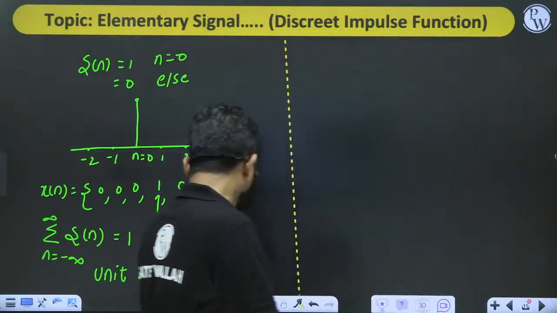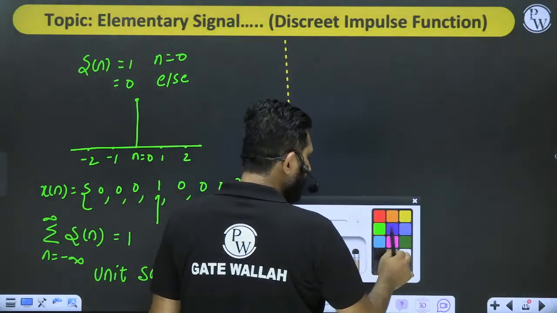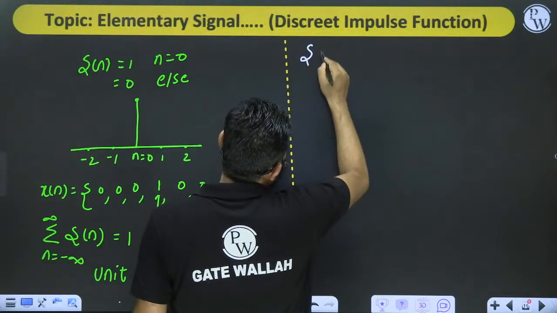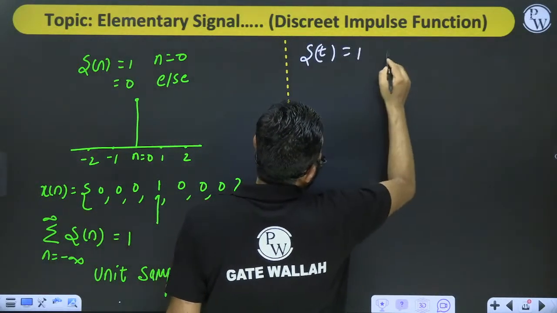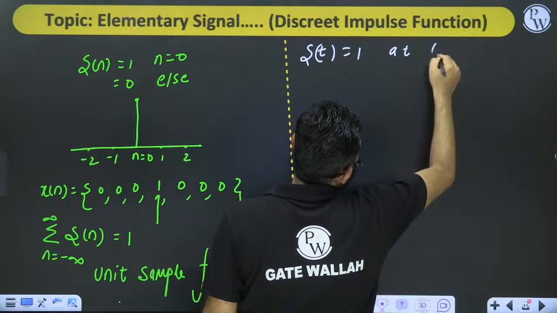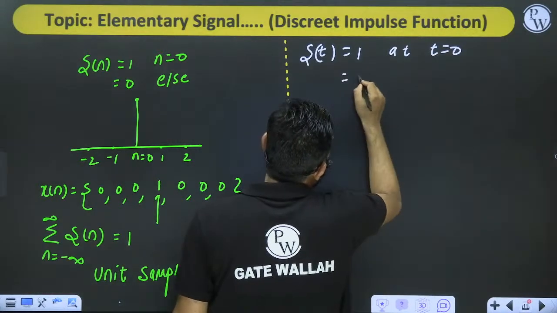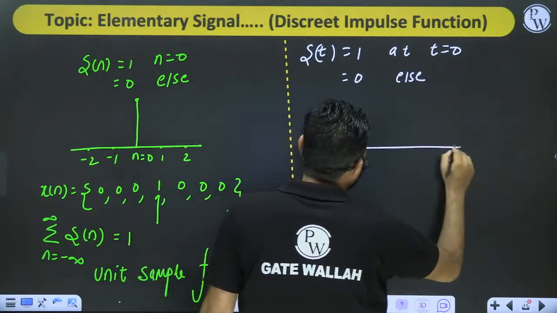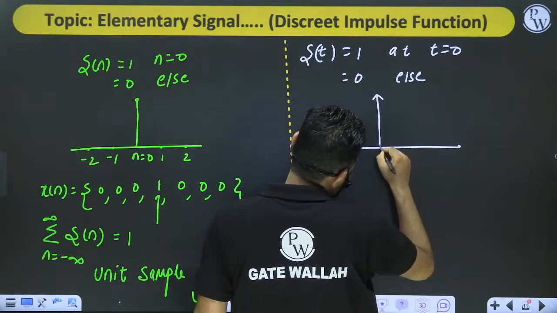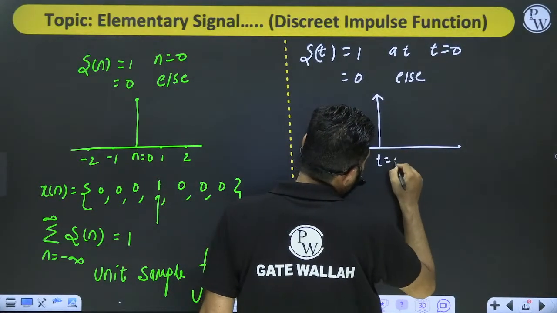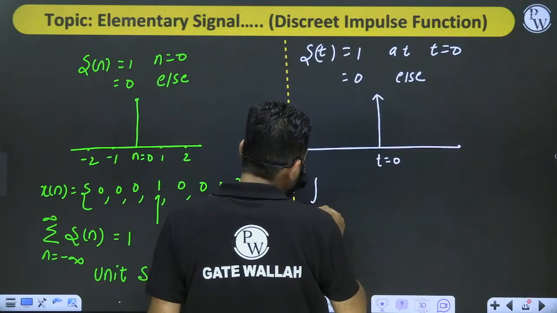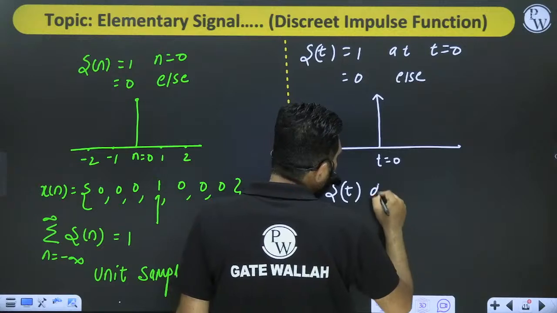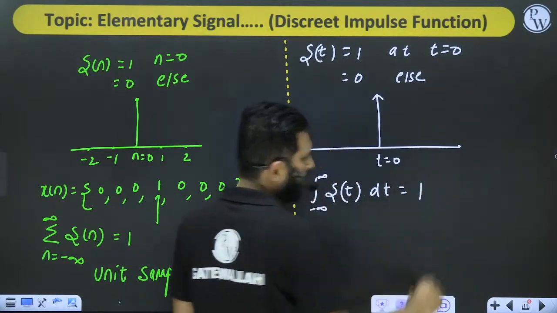Now let's compare this with the continuous impulse function, what we covered in the last class. So delta(t) is 1 at t equal to 0 and is 0 else. You represent it by an arrowhead at t equal to 0. And the integral from minus infinity to infinity of delta(t) dt is equal to 1.